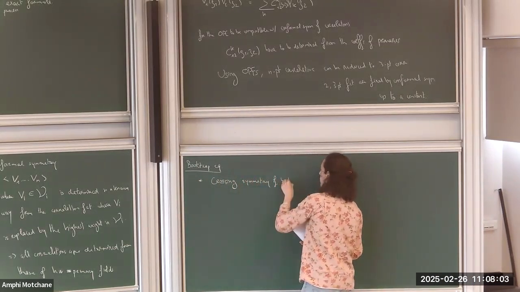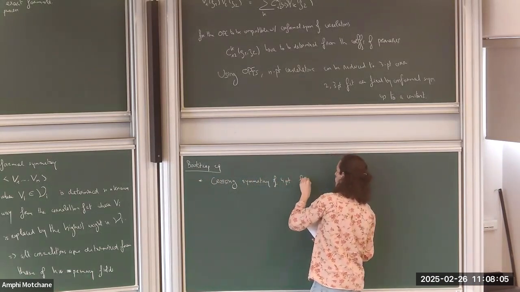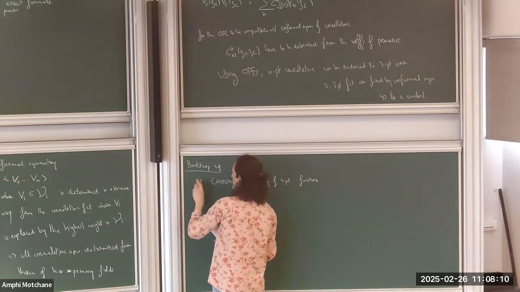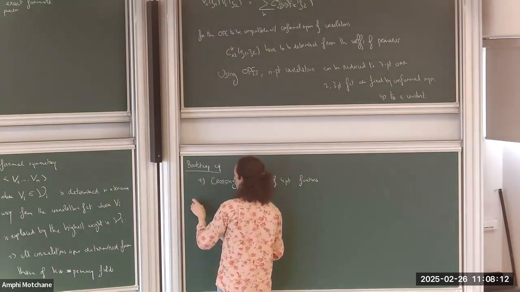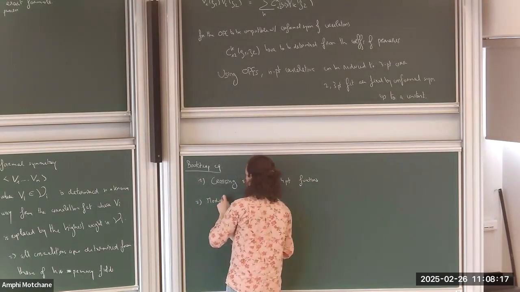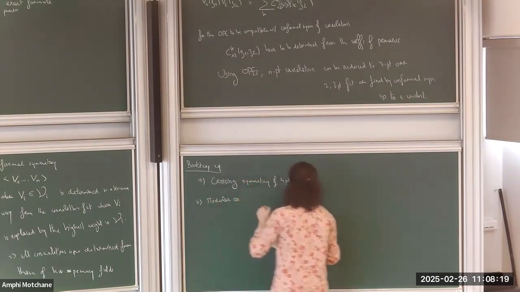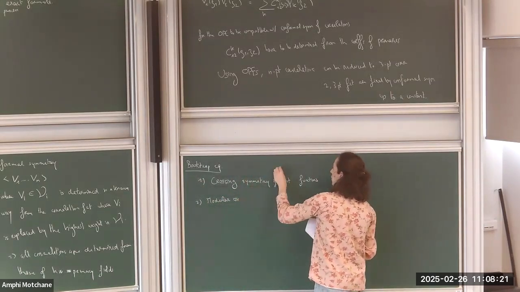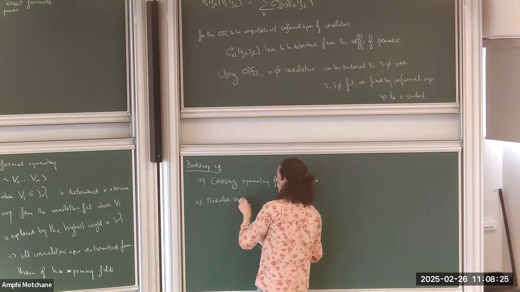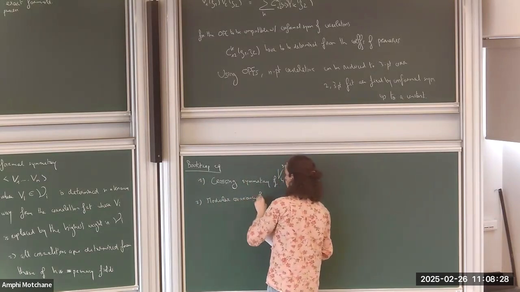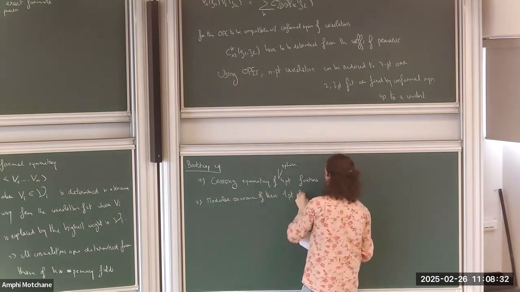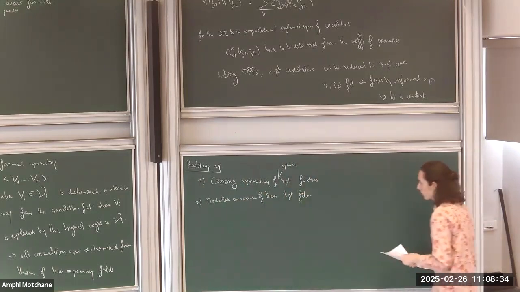One, crossing symmetry of 4-point functions, and two, modular covariance of torus 1-point functions. So what do I mean by this?